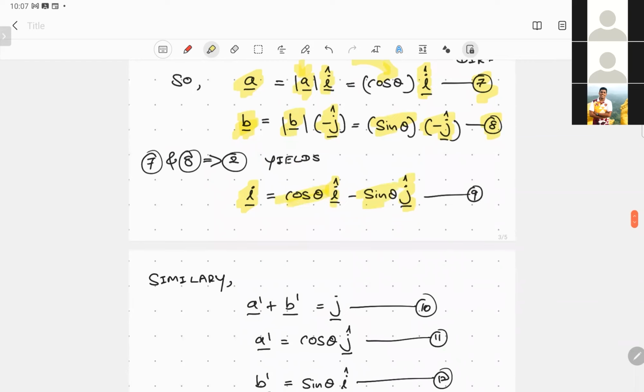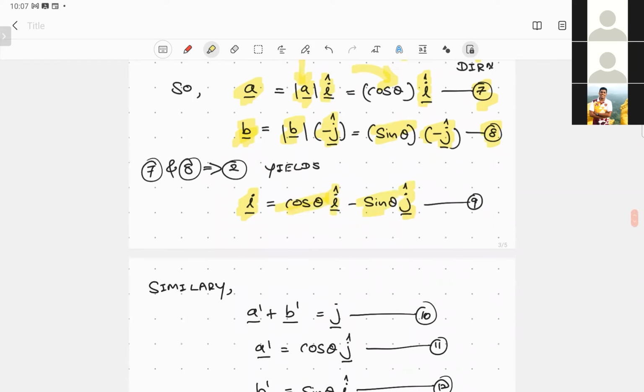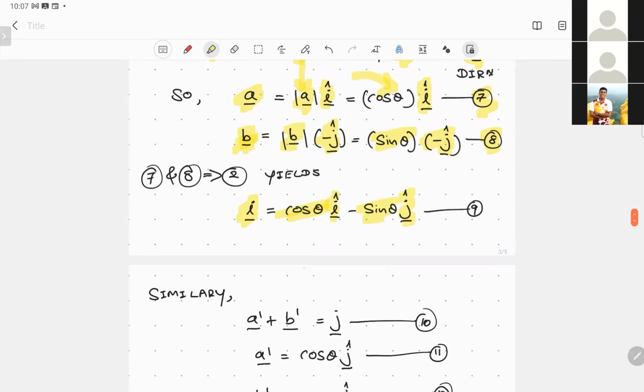So you have found a relationship between the i vector defined in the global coordinate system and i hat and j hat defined in the local coordinate system, which is quite good because we want to find the relationship between the local coordinate system and the global coordinate system.